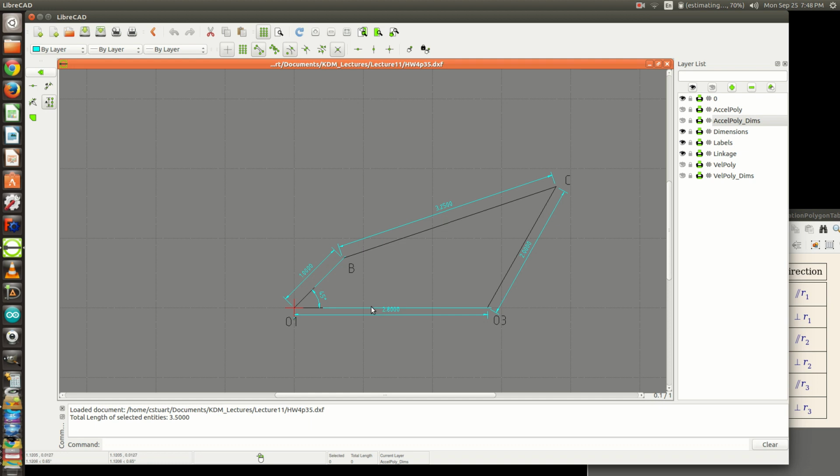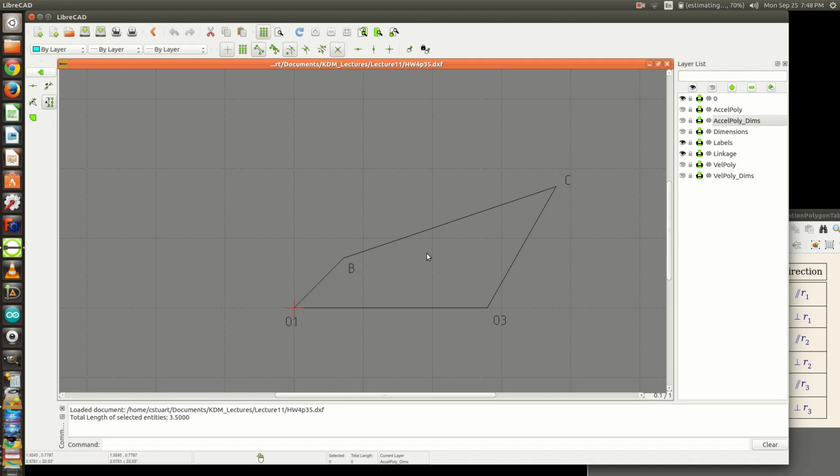We are told that the angular velocity of the crank is 35 radians per second, and that is positive, so it is rotating in a counterclockwise direction. As a refresher, remember that we can construct the velocity polygon based on the perpendiculars to these lines.